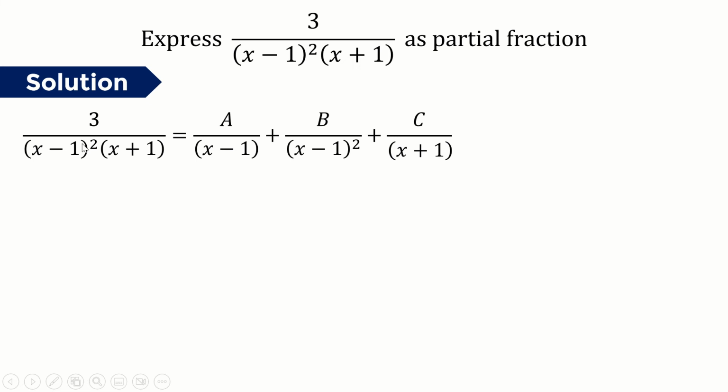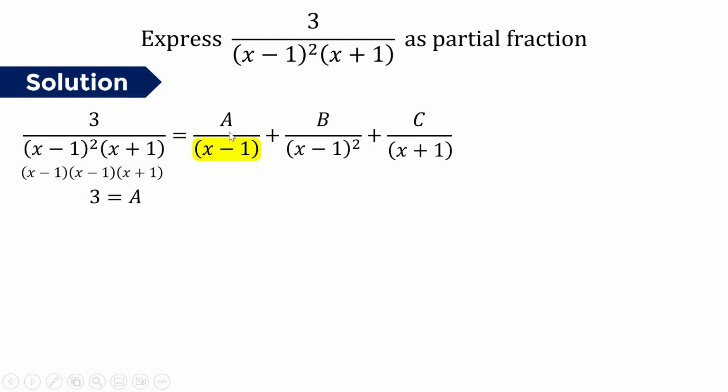Okay, now the next step is to compare the numerator. At the left hand side here, the numerator is 3. And then A needs to be multiplied by something. So A needs to be multiplied by what? We can see from the denominator, we have (x minus 1) squared times (x plus 1). And (x minus 1) squared means that there are 2 times (x minus 1), so (x minus 1) times (x minus 1) is (x minus 1) squared.